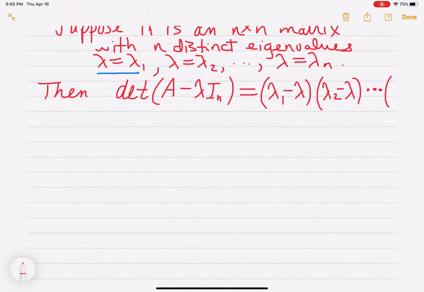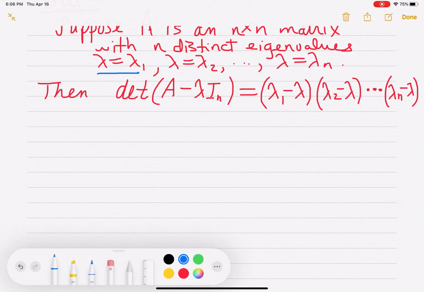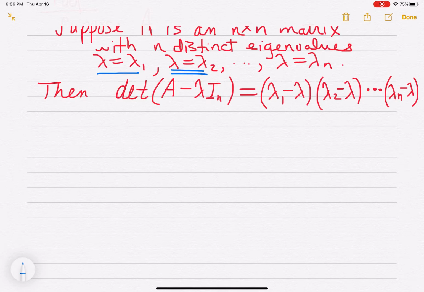And our last factor would be lambda n minus lambda. So that is how our characteristic polynomial is going to factor. It's guaranteed to factor in that way because we have those n distinct roots, right? Lambda is lambda 1, lambda is lambda 2, lambda is lambda n.